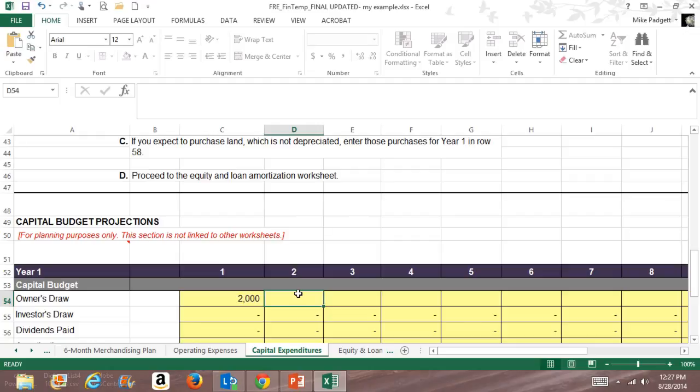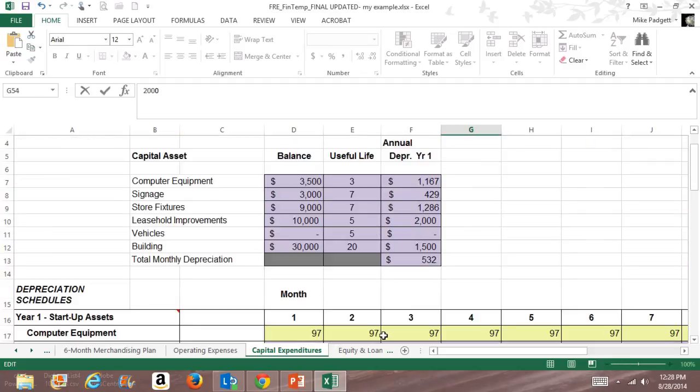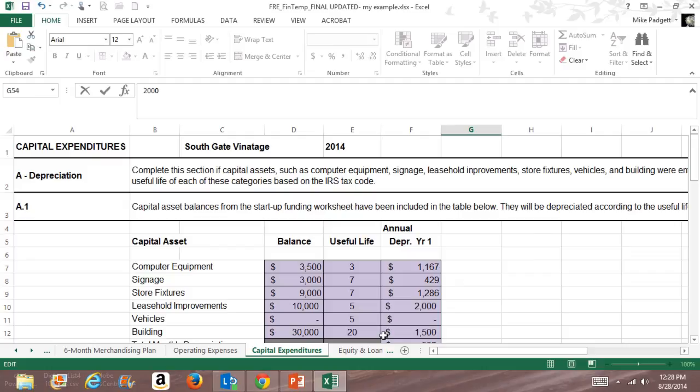So if you're going to pay yourself $2,000 each month, you're going to want to fill that in here and add that in to show how much you're going to pay yourself. If you fill that in, it's going to add it up over there. And you probably won't have investor draws unless you plan on having an investor. And you probably won't have dividends paid or land because you won't be buying, or amortization. That gets us through our capital expenditures.